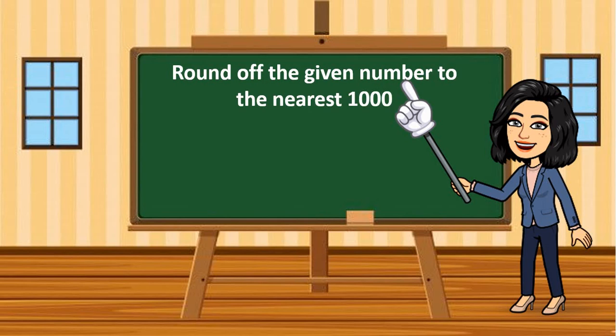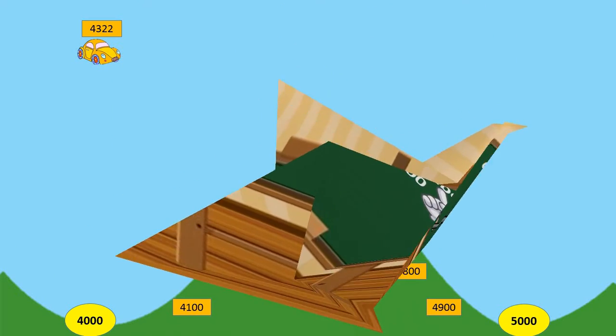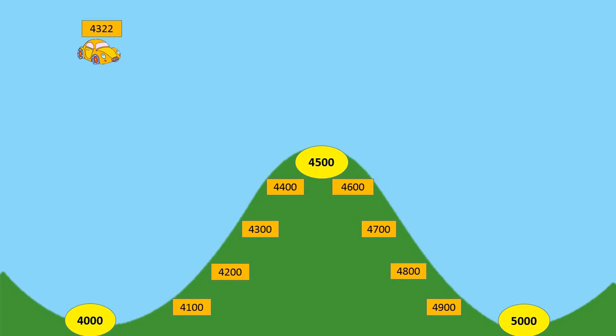Now, what do we need to do if we have to round off a number to the nearest 1000? Kids, let's understand this with the example of car number 4322. So, tell me, between which two thousands does the number 4322 lie?